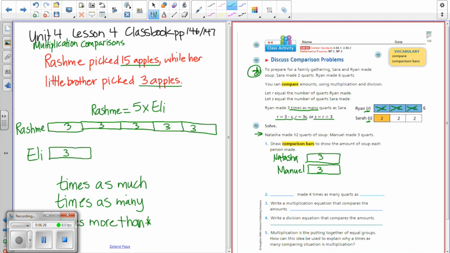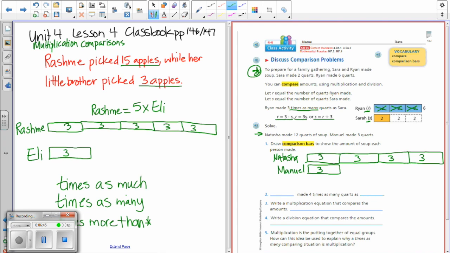I know my multiplication facts. I know that I need to do 1, 2, 3, 4 bars because 3 times 4 equals 12 quarts.